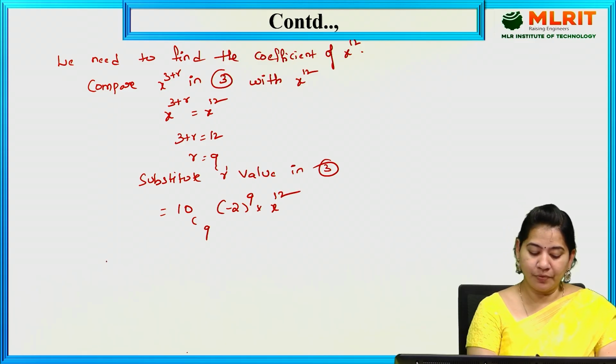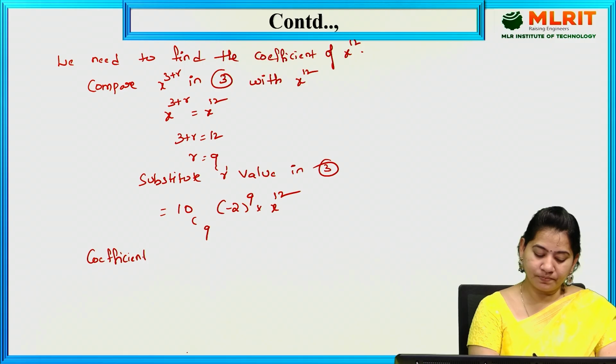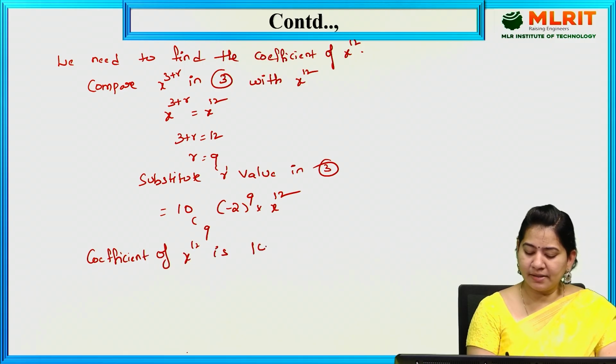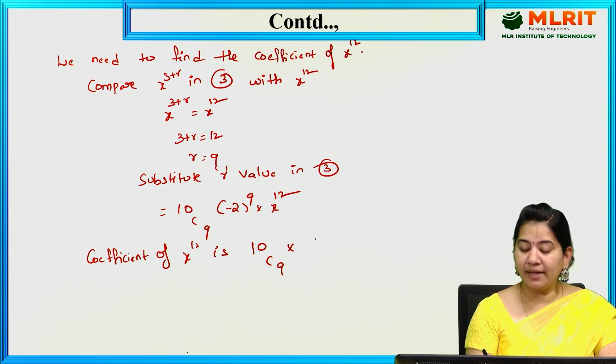So the coefficient of x power 12 is 10C9 into minus 2 power 9. Minus 2 power 9 is nothing but minus 512.